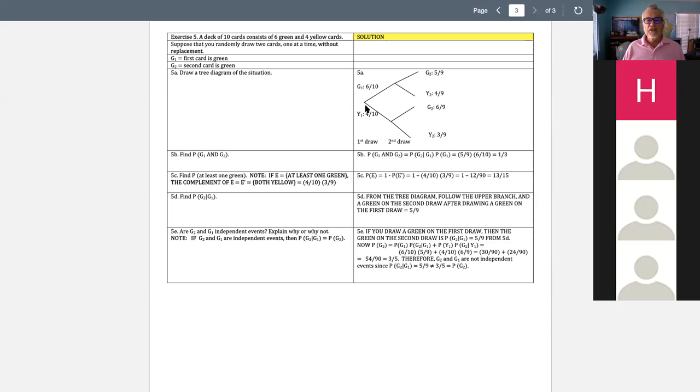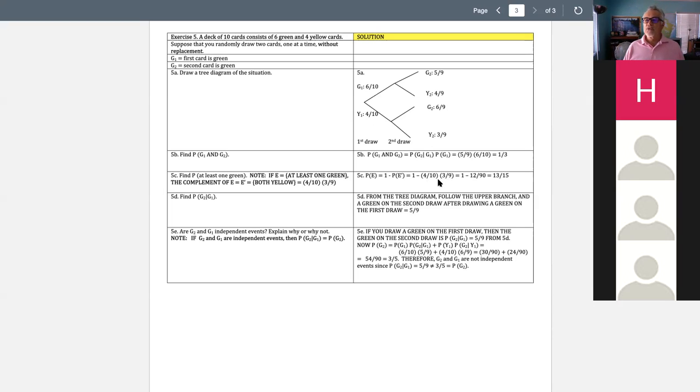So the probability that they're both yellow is 4/10 times 3/9, by the multiplicative rule. Draw your yellow card first, and then follow that up with another draw of the yellow card. And we see that that's 4/10 times 3/9. And then at least 1 green is the complement of that.